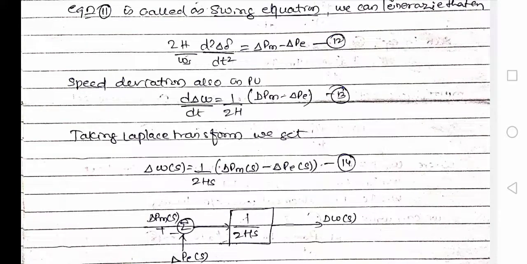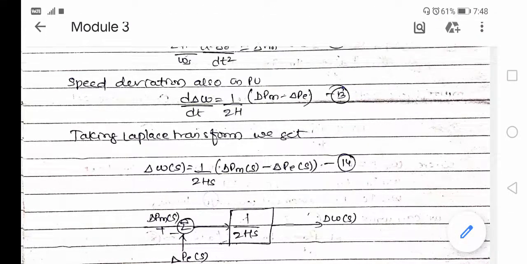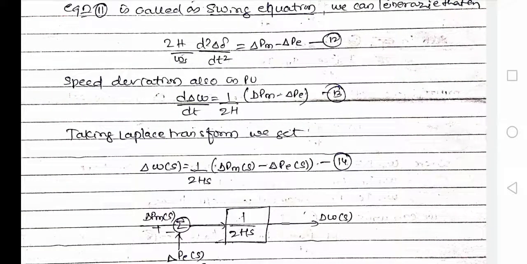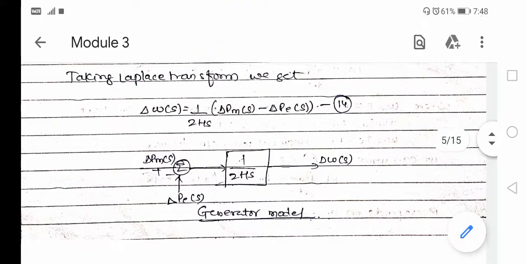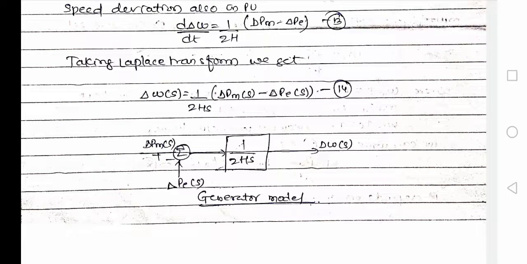After this, taking the Laplace transform, it will be delta omega of s is equal to 1 divided by 2Hs, for the generator, of delta Pm of s minus delta Pe of s. So this will be the Laplace transform with respect to the speed and the generator constant.